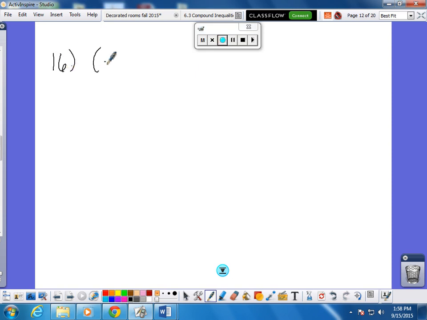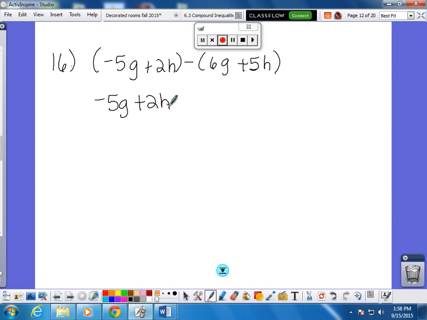All right, let's look at number 16. What does this sign tell us? Everything in parentheses changes. The opposite of, right? Does it tell us to subtract? No. All right, so 5G is negative, 2H is positive. 6G was positive, now it's negative. That's not this sign.